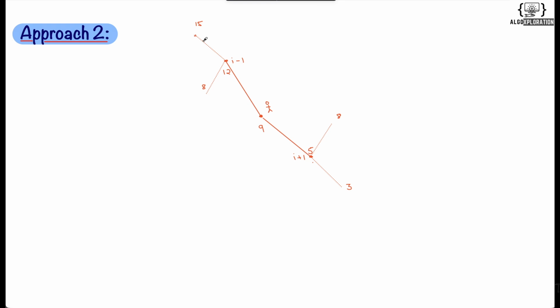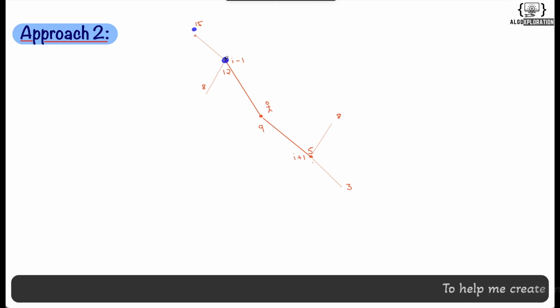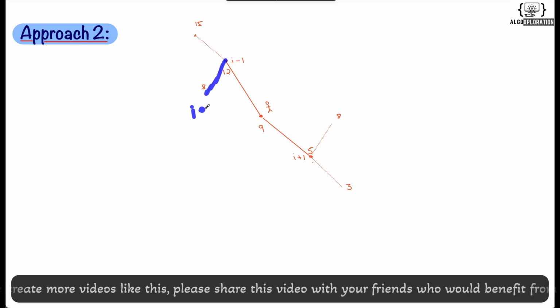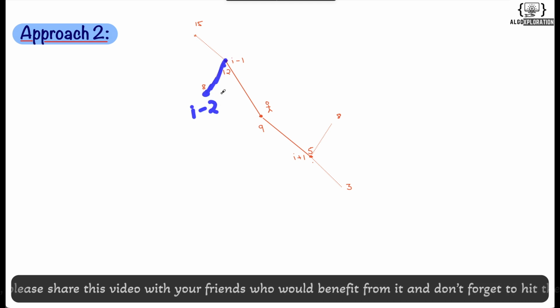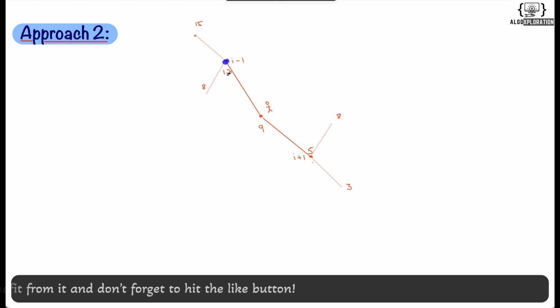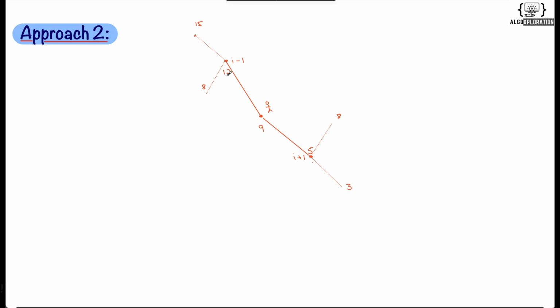But in one of the cases, this 12 is turning out to be a peak element when the value present at i minus 2 is lesser than that. So here there is a chance that this might be the peak element. So based on that only we can go on the left side.